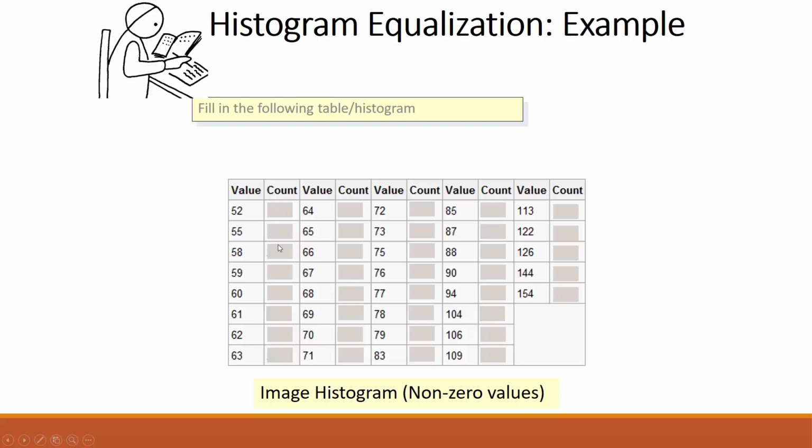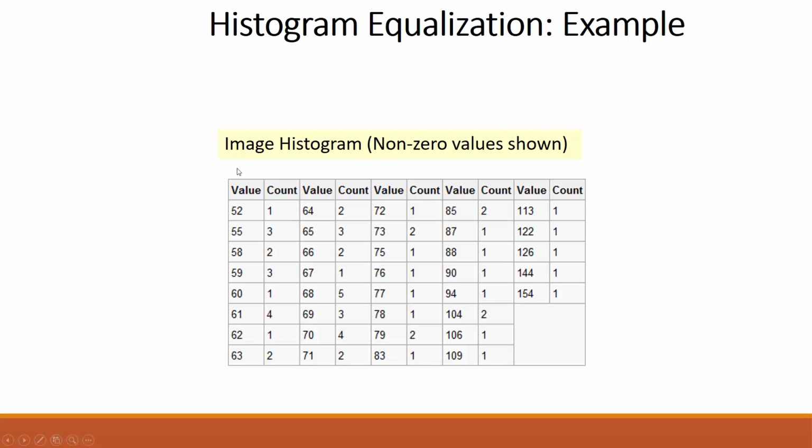So we are going to put the count here, and the maximum value in the image is 154. So we are going to fill in the count of how many times each intensity value occurred in the input image. So after filling all these values, we are going to take a running sum.